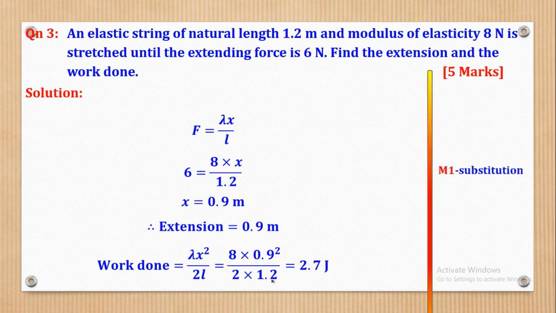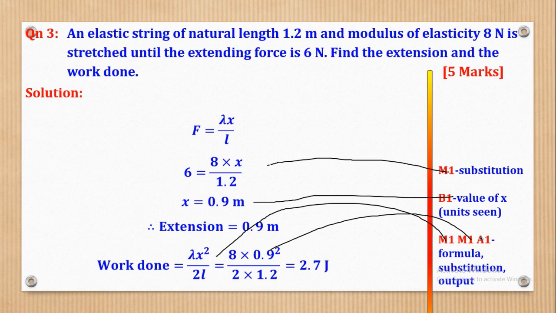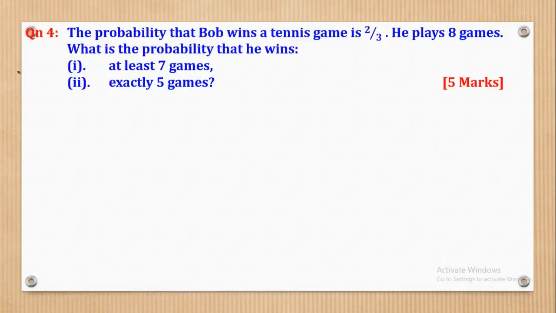So basically that is what they wanted. M1 is that substitution, B1 for this, the units have to be seen, M1 for the formula, M1 for substitution, A1 for the output. So that was question 3.